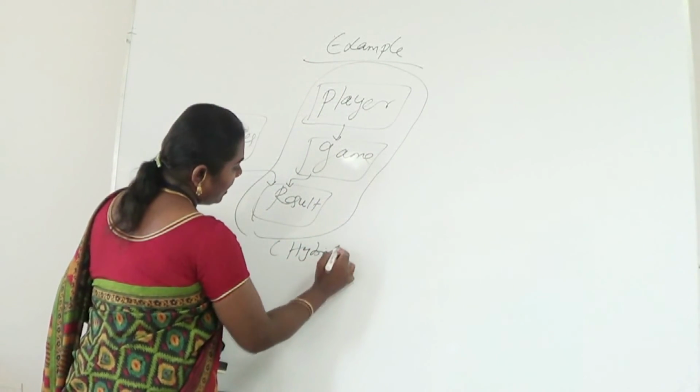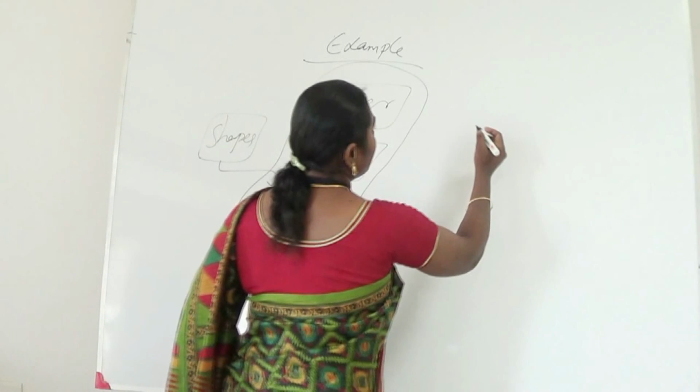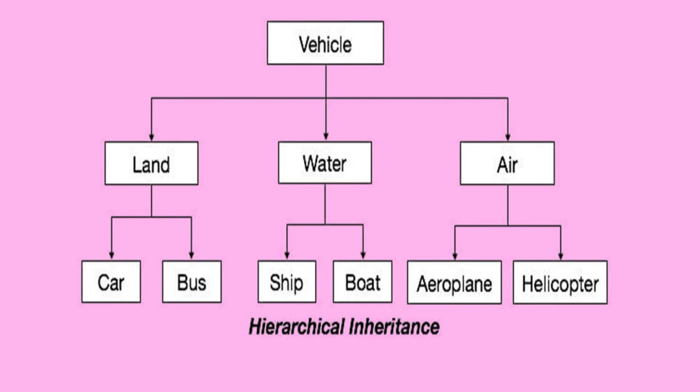The last one is hierarchical inheritance. Here we can take a vehicle as an example. Specify whether it's a land vehicle or a water vehicle or an air vehicle. Suppose it's a land vehicle, we have to specify either bus or car.